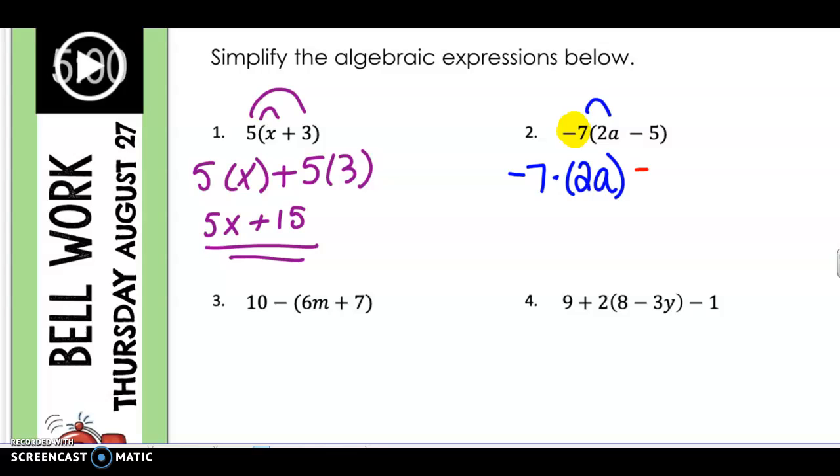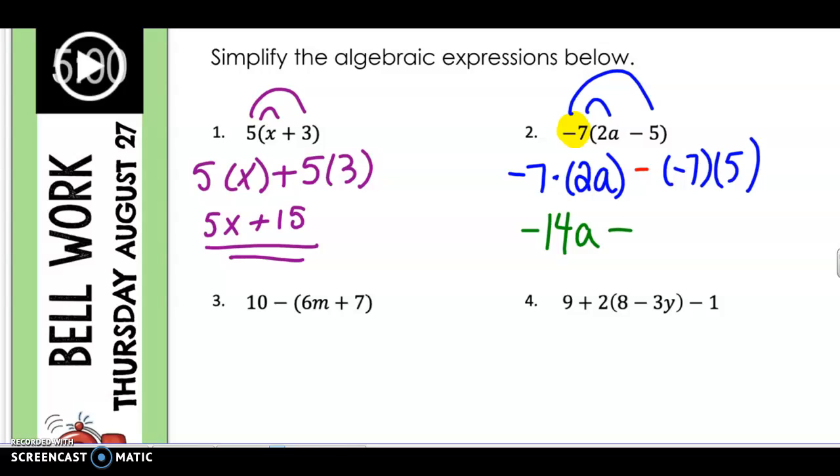We want to bring down that subtraction symbol. And now we need to distribute the -7 to the 5. So minus -7 times 5. You'll notice I put the -7 in parentheses just so we don't have these two negative signs right next to each other. All right, -7 times 2a is -14a.